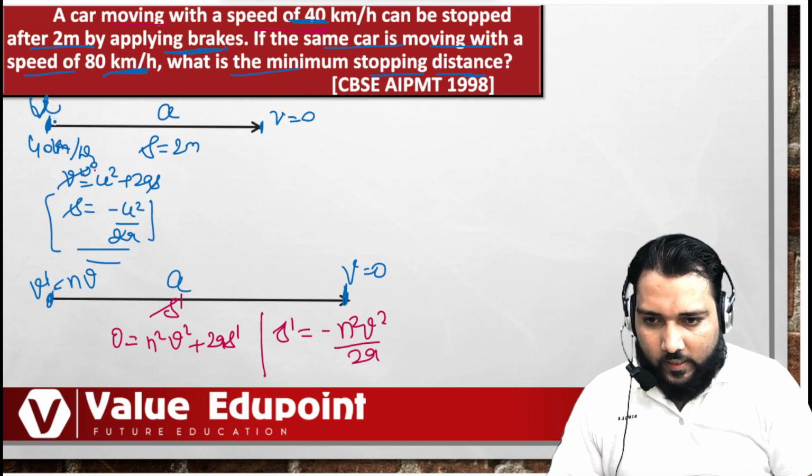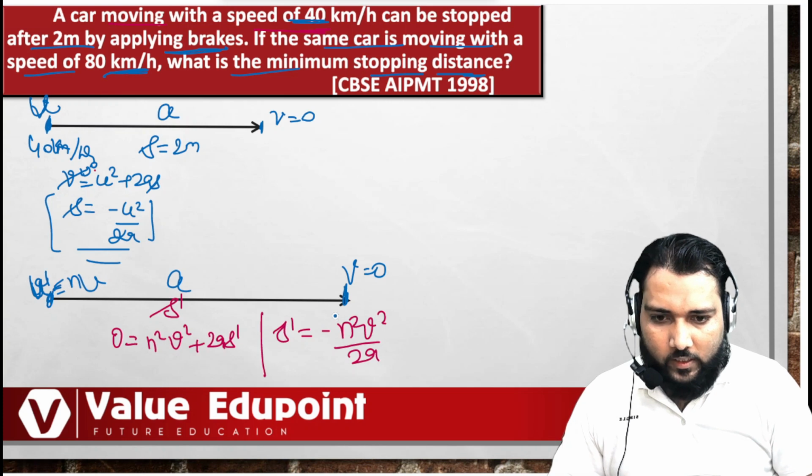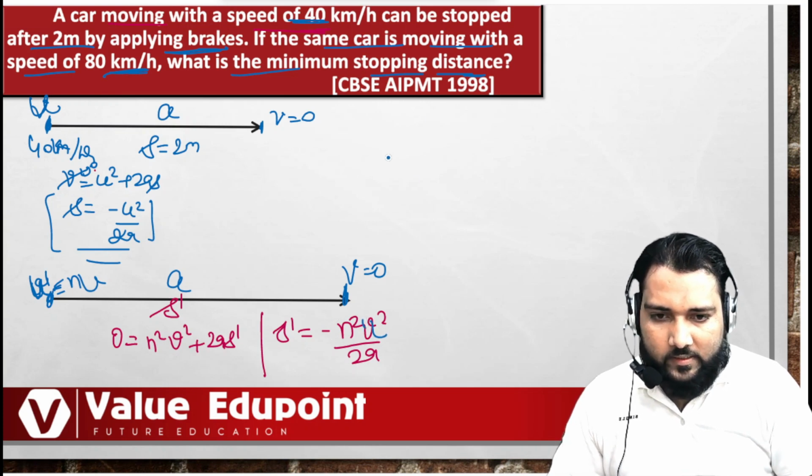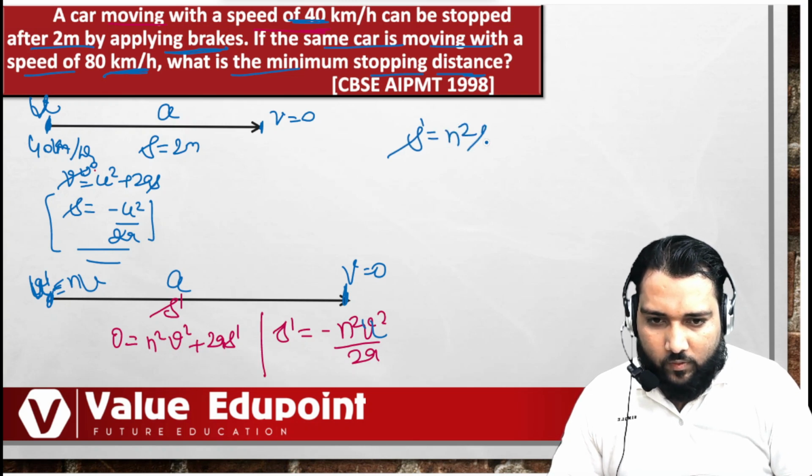Here again u is equal to n times u. So n square u square. So you can clearly see, guys, s dash is equal to n square times s. So this is the general formula.